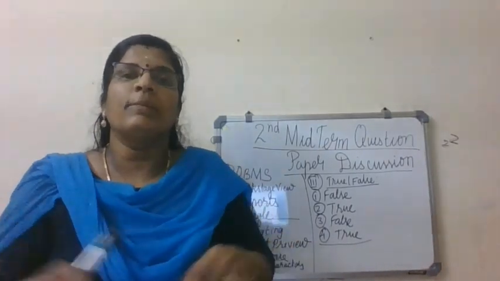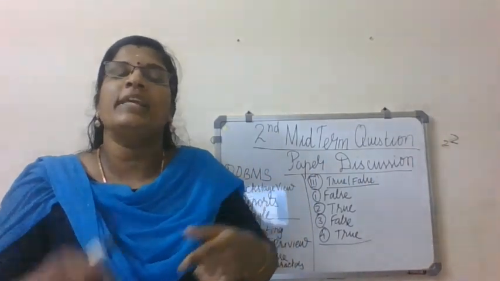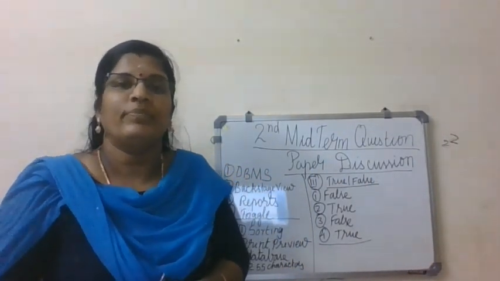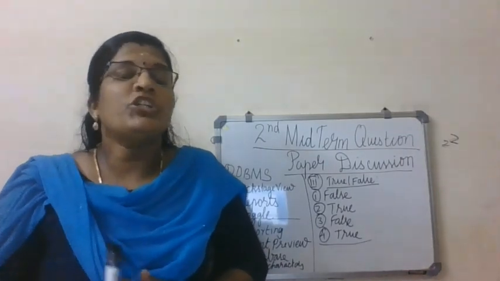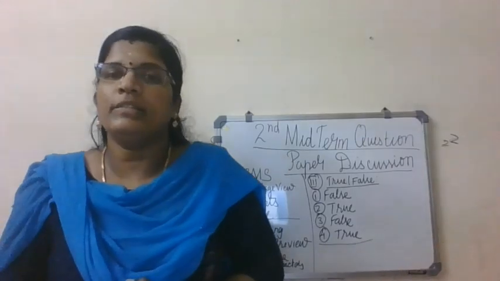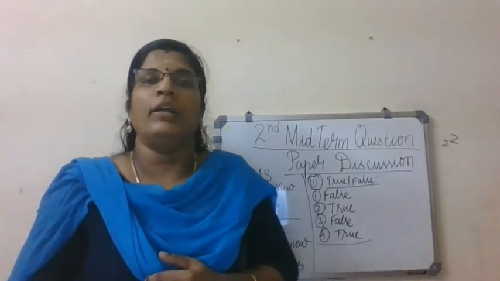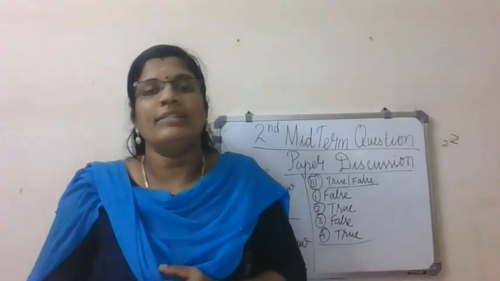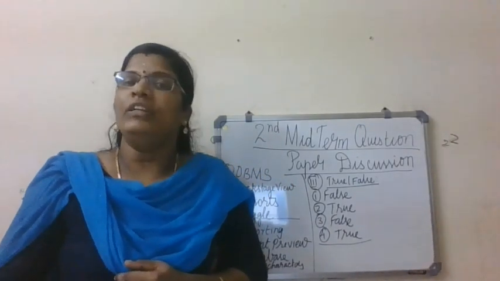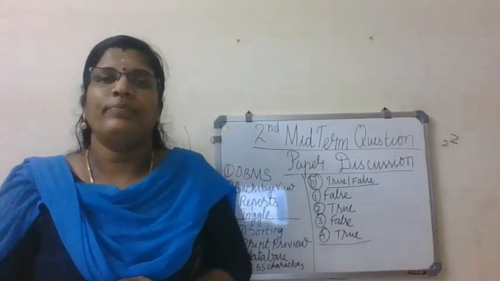Then the box appears, you select the table, then you select the fields. Then differentiate between sorting and filtering in MS Access. It's an easy question. Sorting means arranging in alphabetical or logical order, either ascending or descending. Filter means based on the requirements, we filter the data.